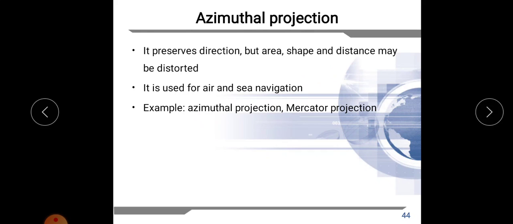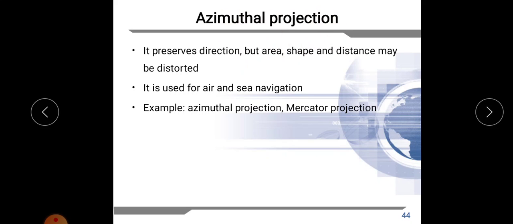Last one, azimuthal projection. In azimuthal projection it preserves direction, but other parameters like area, shape and distance may be distorted. Only direction is preserved. This type of projection is used in situations where direction is very important, that is, in the case of air and sea navigation. So in these situations we have to preserve the direction, so azimuthal projection is used.